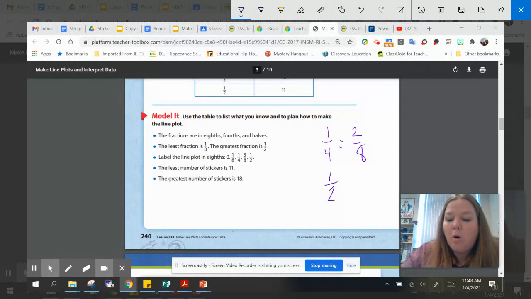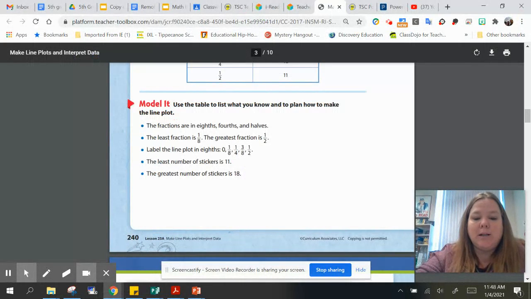And again, 1/2 is equivalent to 4/8. So where it says 1/4, that is the same as 2/8, and where it says 1/2, that is equivalent to 4/8. So we're just simplifying it because we use the term 1/4 instead of 2/8, and we use the term a half instead of 4/8. And the greatest number of stickers is 18. So that's what we need to know.